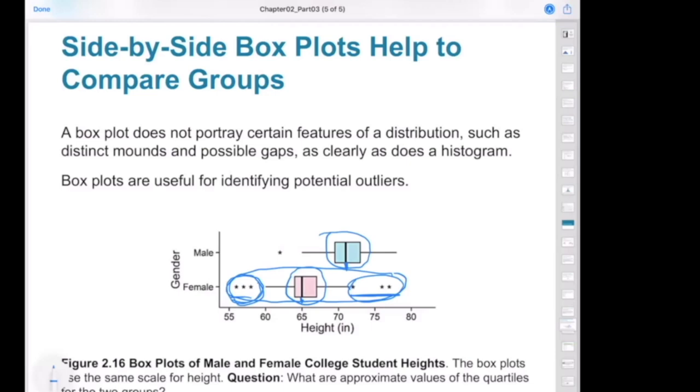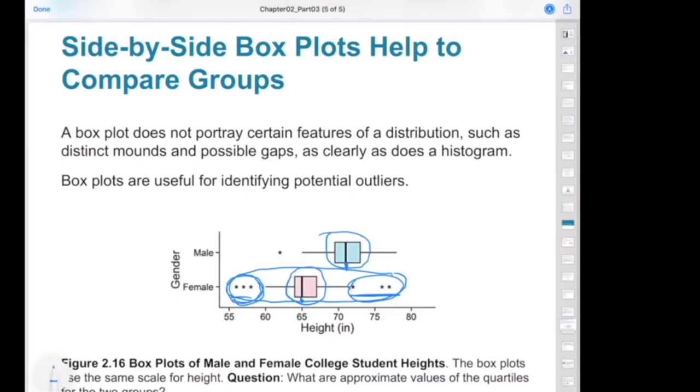graph for your distribution. Also, before we finish this part, based on the box plot, you can determine if it's skewed or symmetrical, like the histogram and the dot plot.